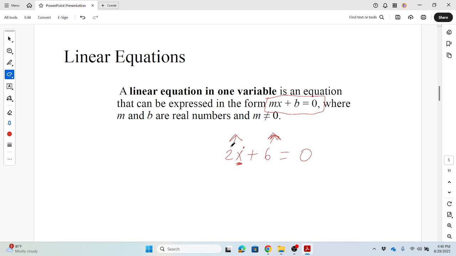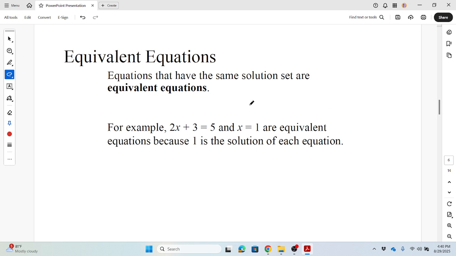In this case, keep in mind, m cannot be equal to 0, because if m is 0, then there is no meaning of this equation. Now, two equations are called equivalent if their solutions are the same. If you look at this example here, this equation is equivalent to this equation, because if you put x equal to 1 in this equation, that will give you a true statement.